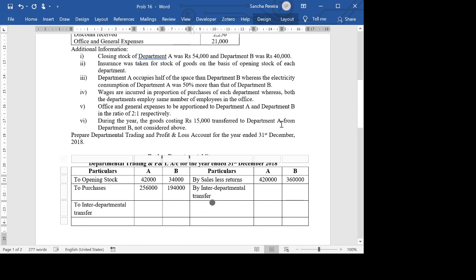That means B is transferring to A. So for B it is like sales, that is 15,000, and for A it is like purchases.